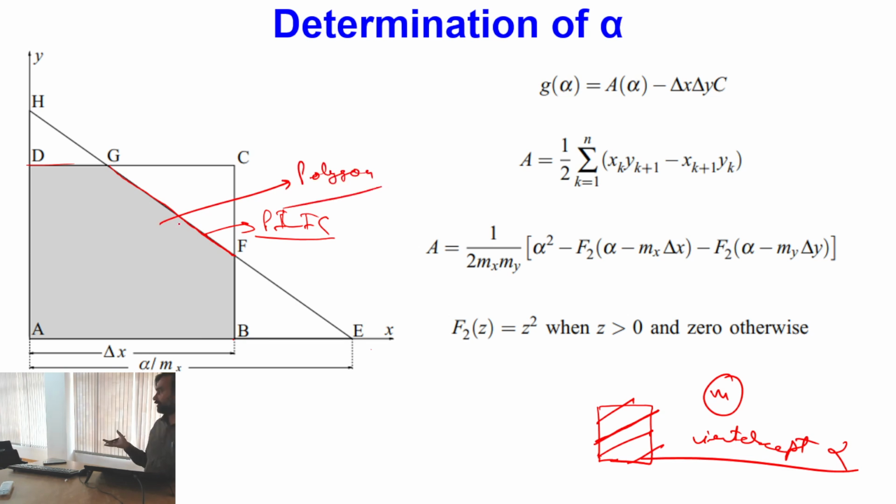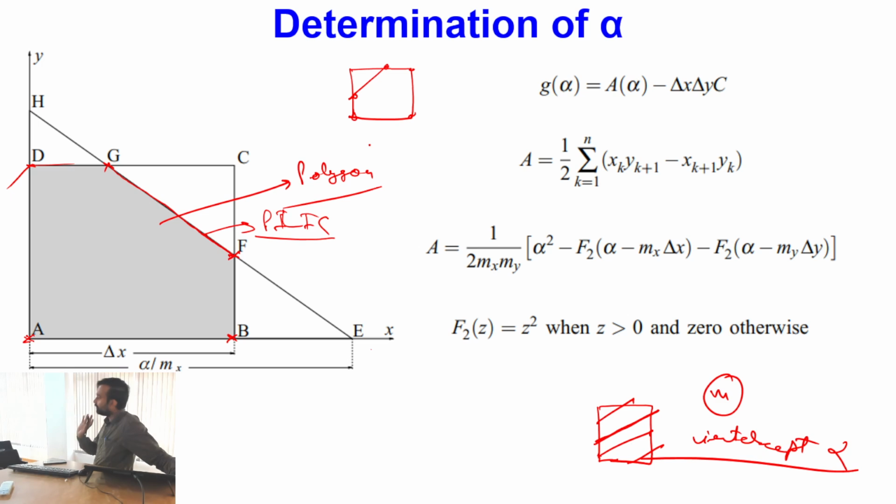So how many points does this polygon have? A, B, F, G and D. These are the points present in this polygon. Whenever you are dealing with a 2D Cartesian grid, whatever way you draw the line, you will every time get nothing but a polygon.